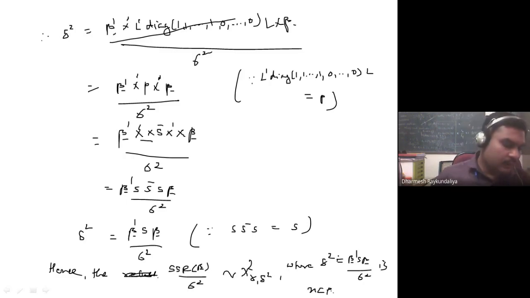Now to show that SSR beta cap and SSE are independent, we will show that SSR beta cap can be written in the form of a BLUE. SSR beta cap we have already obtained can be written as beta cap transpose Q. Now what is beta cap?